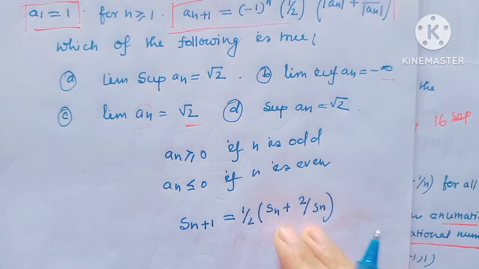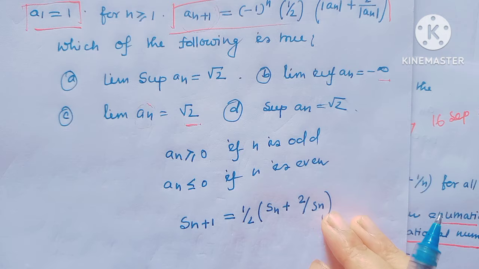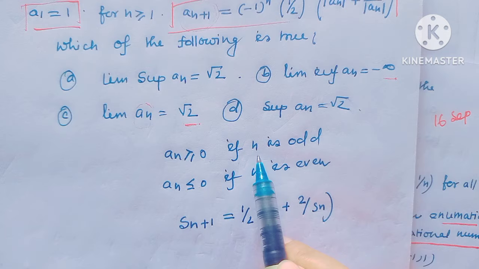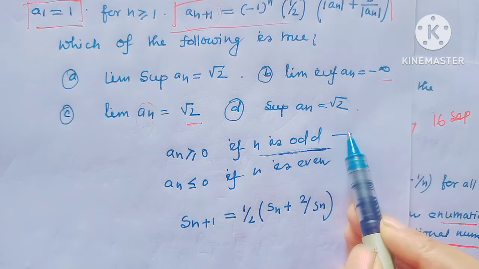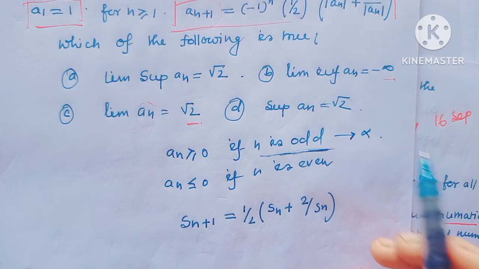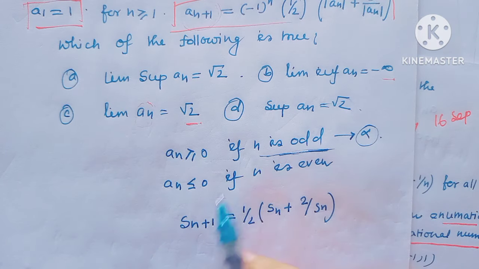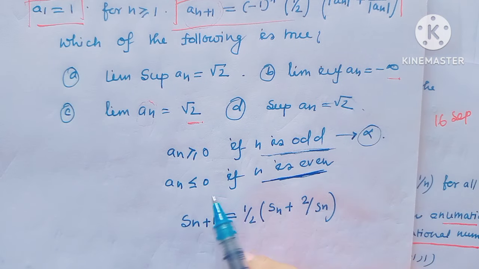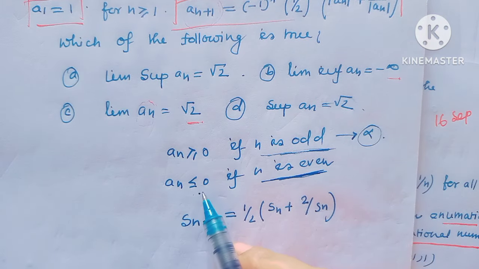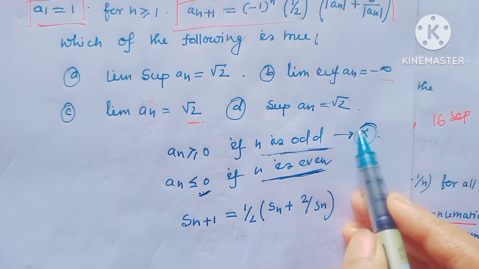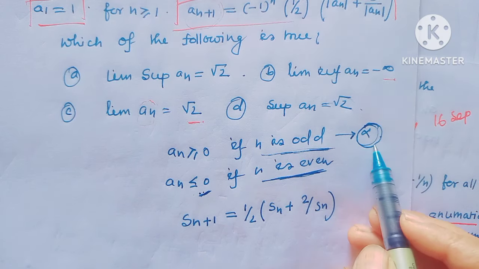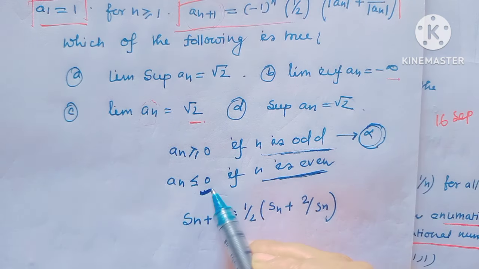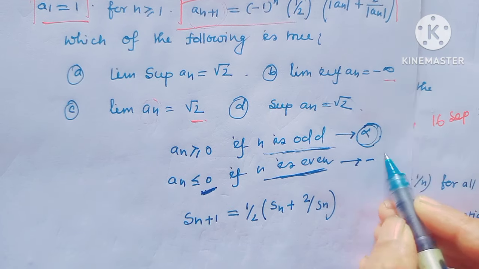If this sequence converges to alpha, then since this is a positive term sequence and an is greater than or equal to 0 when n is odd, it converges to alpha. When n is even, an is less than or equal to 0, so obviously this converges to minus alpha.